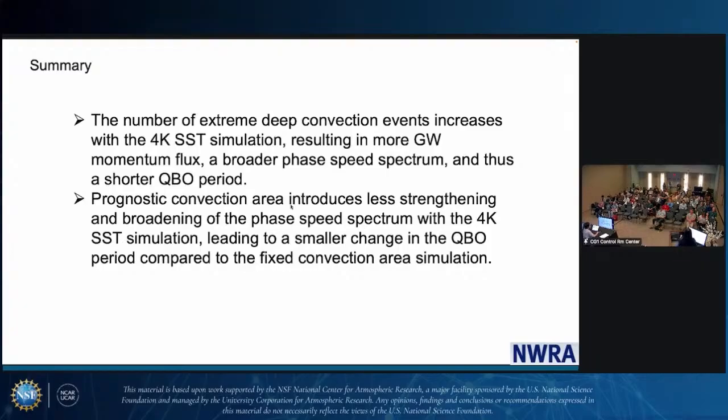For the fixed case, we only use 0.1, but for the fixed convective area simulations, it has larger max Q, and that's one point. And for the prognostic simulation, I looked at the distribution of the convective area; it doesn't change a lot. So the larger change is in the heating rate. Cloud fraction rate. Yeah.